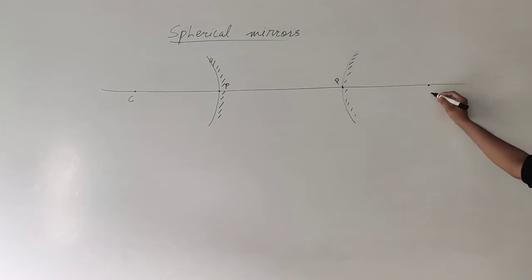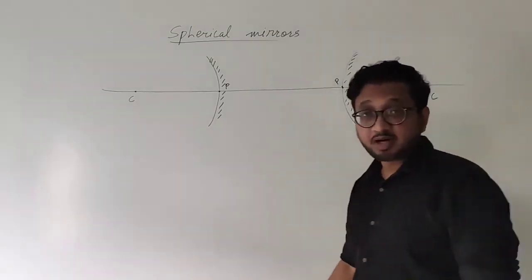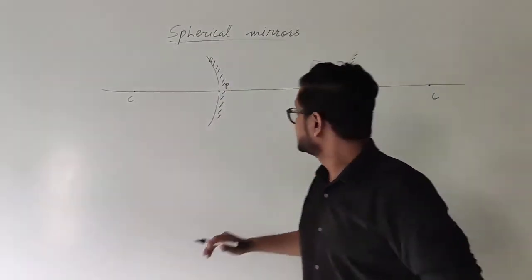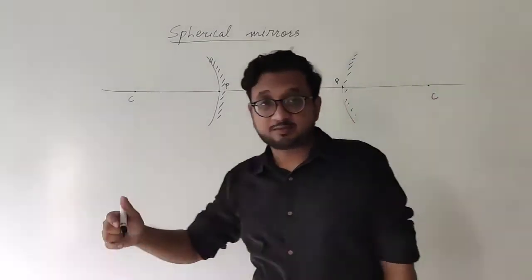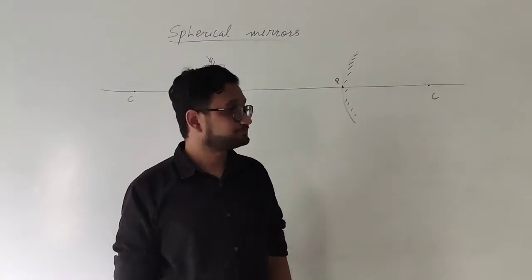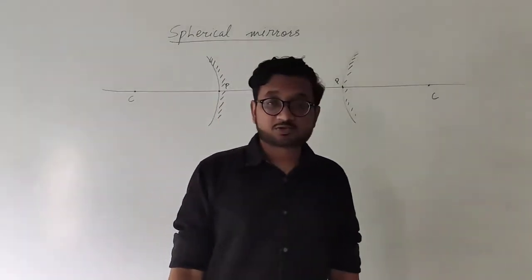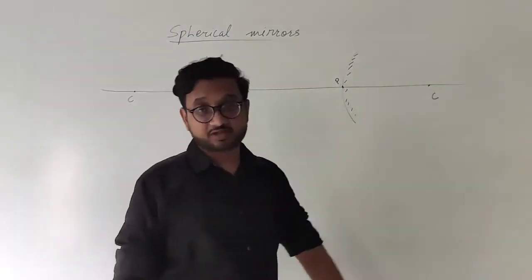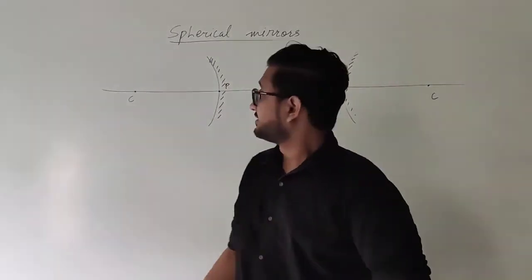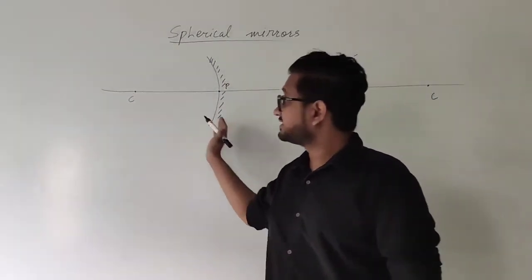In this case, once again we have center of curvature, but behind, because the spherical mirror in this case is that side over here, like this way. So center of curvature for a convex mirror is always behind the mirror. Understood? And for the concave mirror, it is always in front of the mirror.